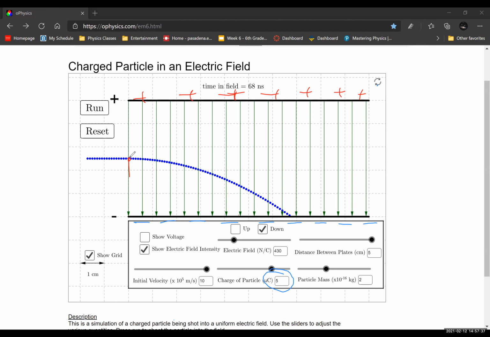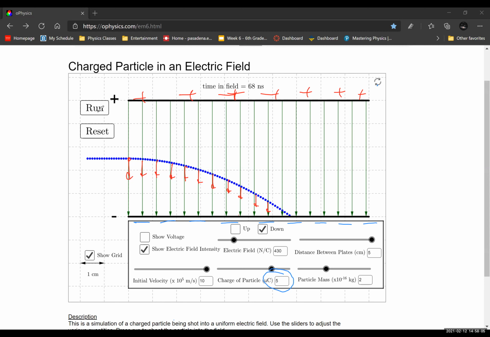That means as soon as it enters here, there's a force acting on it, and this force makes it go down like this. Very similar to the projectile, right? Like a constant gravitational force acting on it. It goes in a projectile motion like that. That means in this region where there's a uniform electric field, the particle has a constant force acting on it, and it basically bends toward one of the plates.